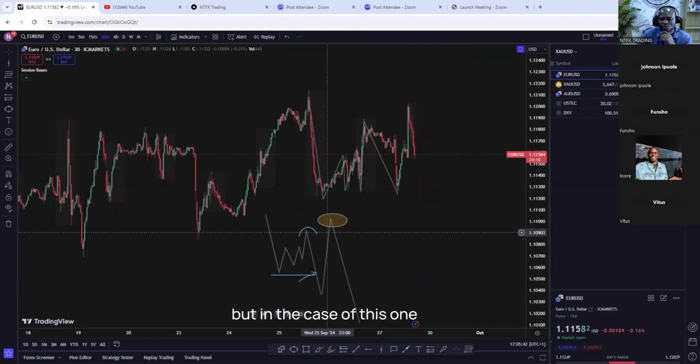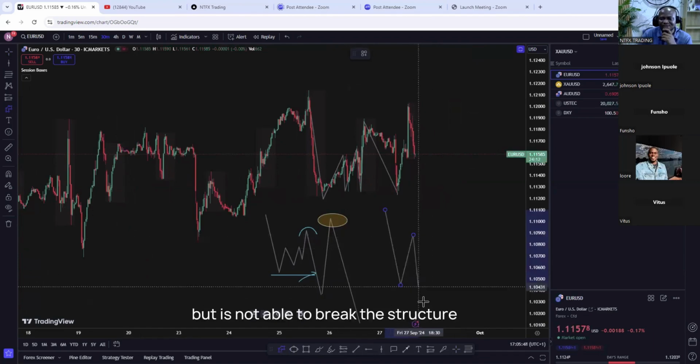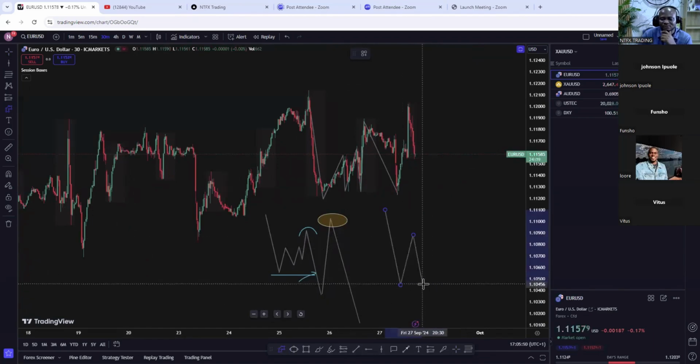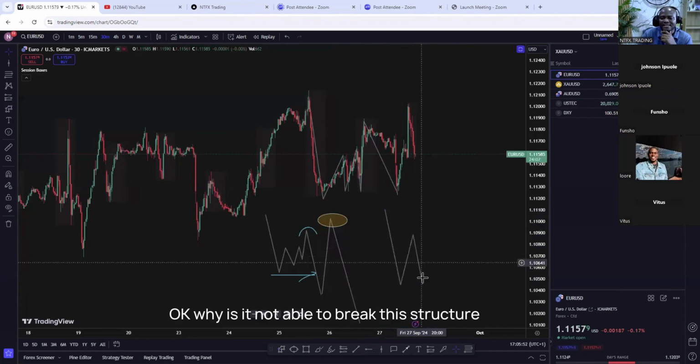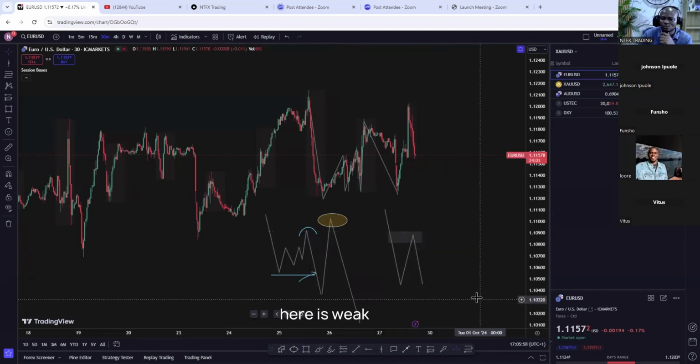But in the case of this one, you have a push down. Market finds its way up, but it's not able to break the structure. Why? Because the supply that is available here is weak.